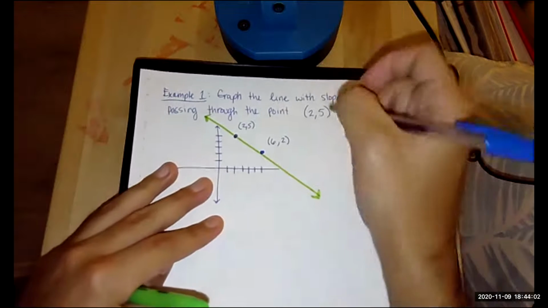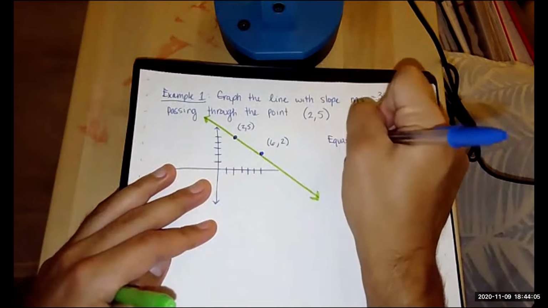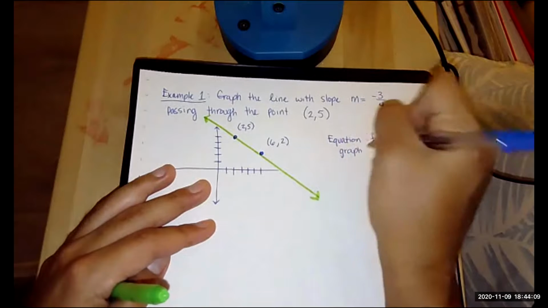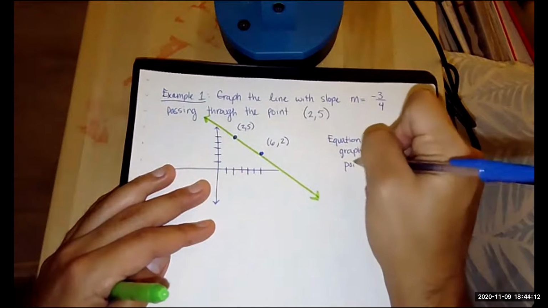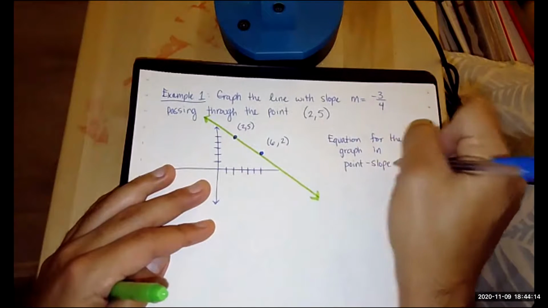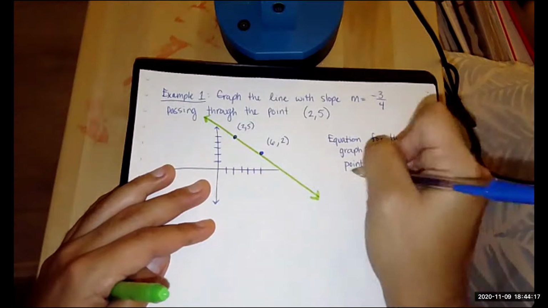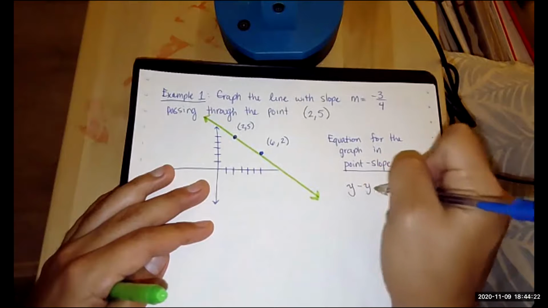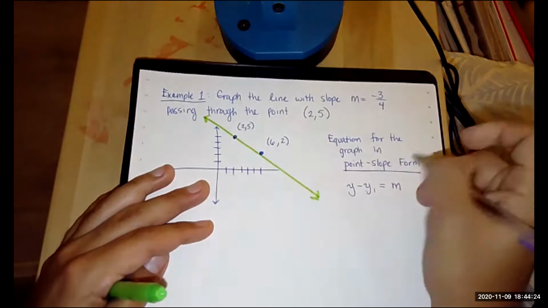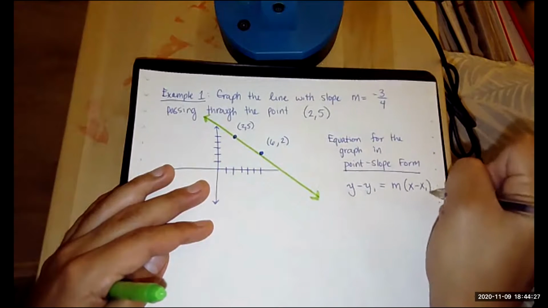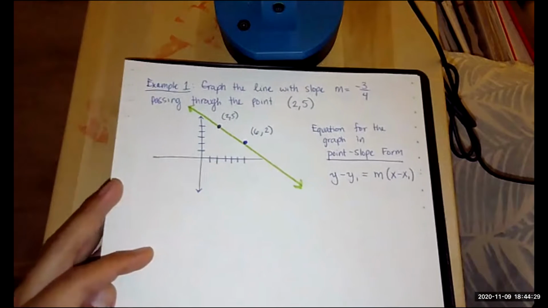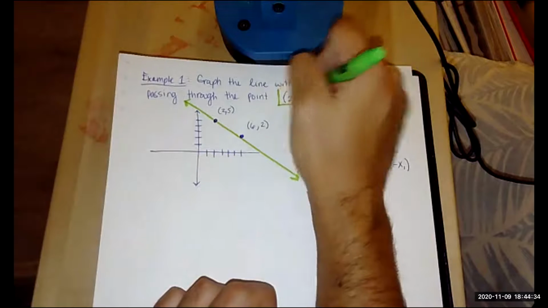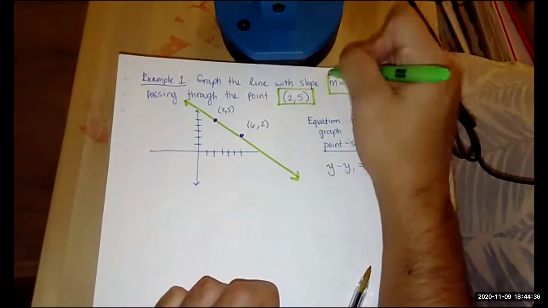Well, the equation for this graph in point slope form would be given by this equation, y minus y1 is equal to the slope times x minus x1. And now we can plug in this first point that we were given and the slope that we were given.